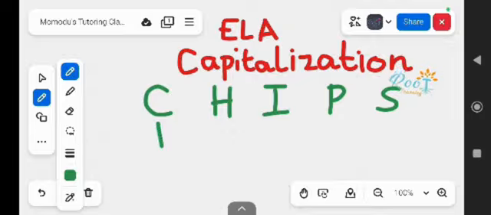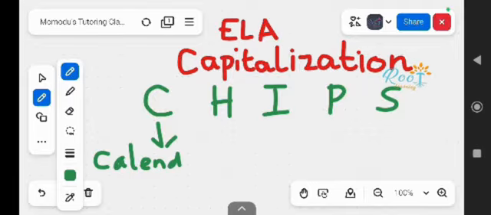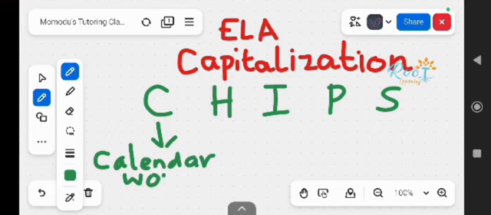C is for calendar words. Calendar words like May.